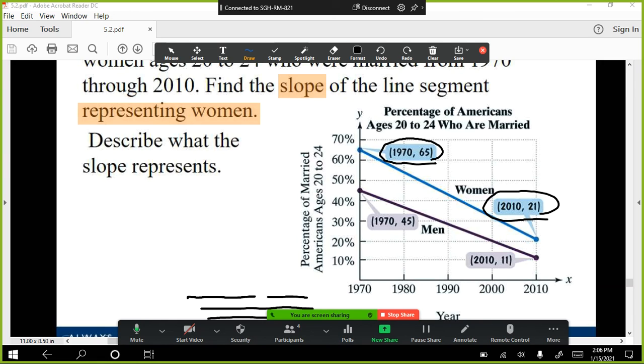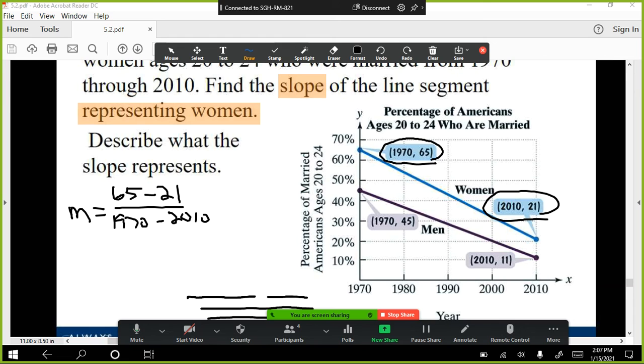We subtract the y's for the top, we subtract the x's for the bottom, right? So in this case, the slope is going to be 65 minus 21, that's the 2 y coordinates, over 1970 minus 2010. Now, one thing to note, this line is going downhill. So I need to know that I'm going to get a negative answer. That way, if I get a positive one, I know I've messed up. It's going downhill, so it has to be negative. So I'm just going to put all this in my calculator at once.